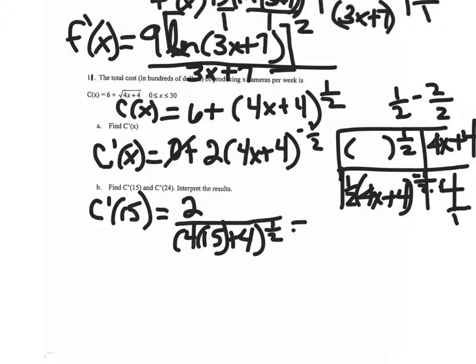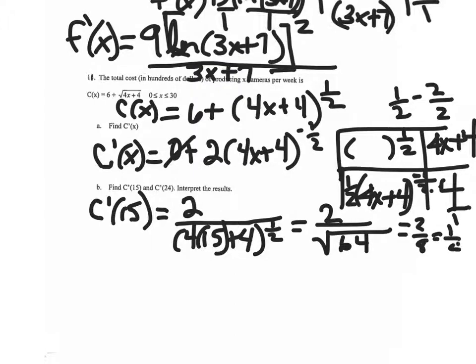And I know if something's raised to the positive 1/2 power, that's the same thing as taking the square root of it. So how much is 4 times 15? 60. And 60 plus 4 is, and what's the square root of 64? It's a perfect square. It's 8. And 2 over 8 reduces to 1/4.